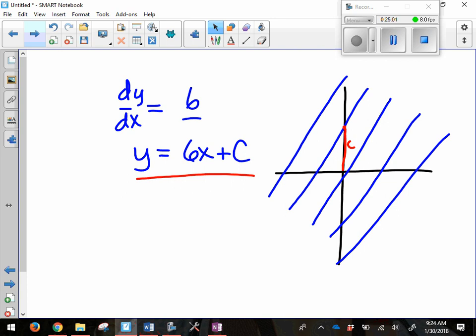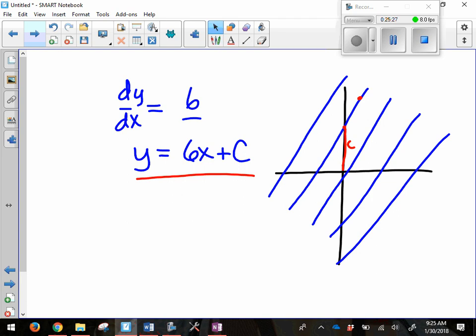And sometimes the way that I can pick out the particular solution, and I use that word technically, that I want is by giving you a point. If I give you a point up here, then you know that I want this solution because it goes through that point. Okay?